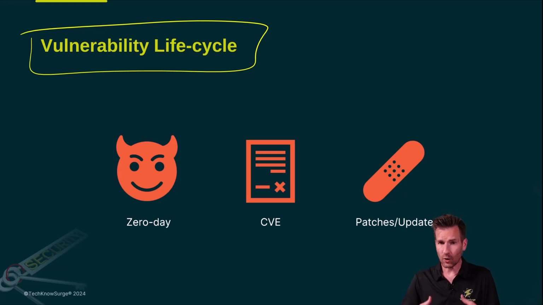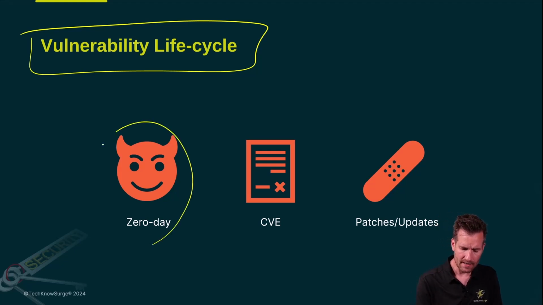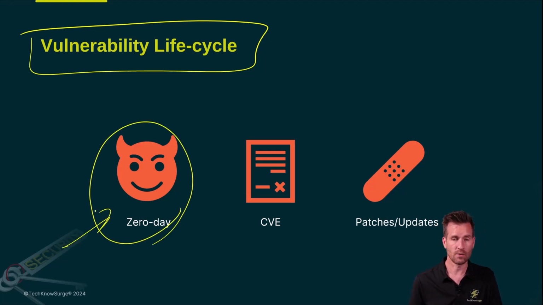So they're releasing some sort of code, not realizing that it has a vulnerability in it. They release it, it goes out there, it gets installed on everybody's machine, and at this point in time, it's considered 0 day. The idea of 0 day is that the developers have had 0 days to do anything about it. They probably don't even know about it. And so that's 0 day right there.